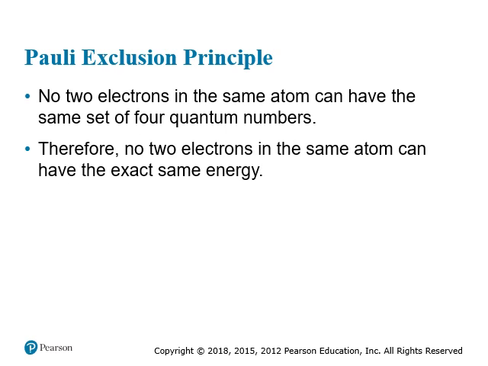Another principle at play when speaking of the electron orientation in an atom is the Pauli exclusion principle, named after Wolfgang Pauli. It suggests that no 2 electrons in the same atom can have the same energy.